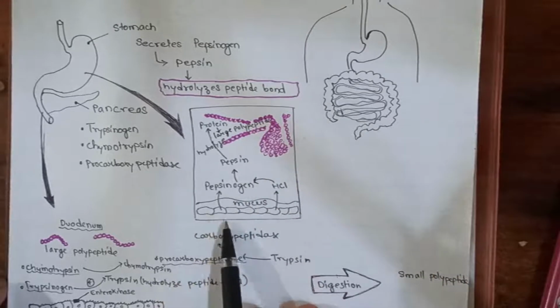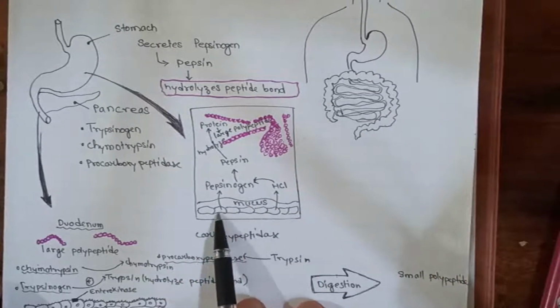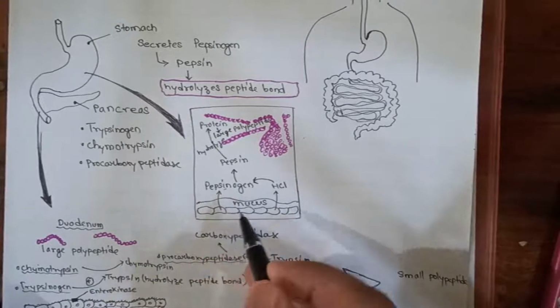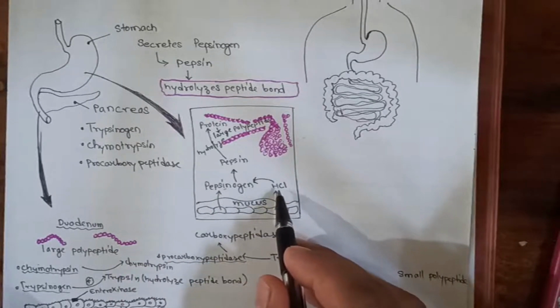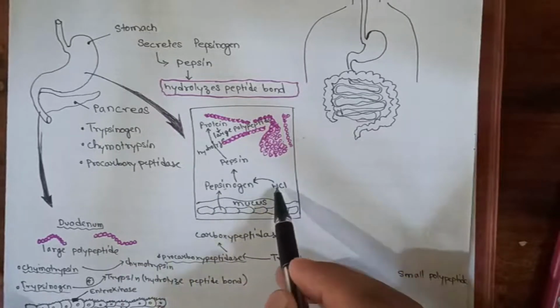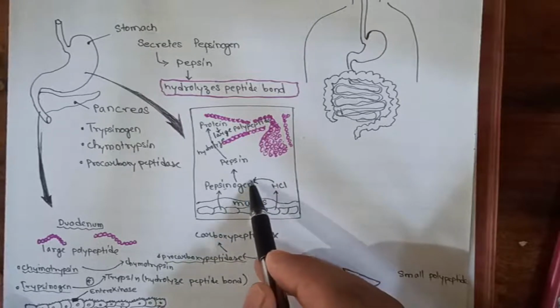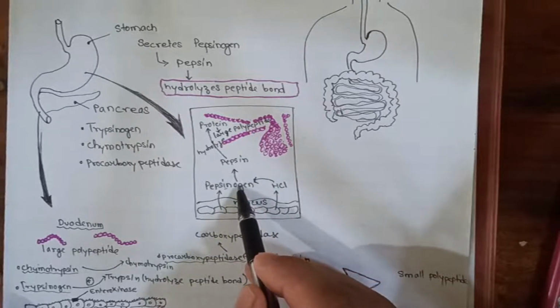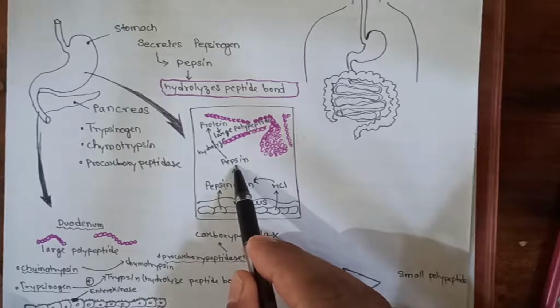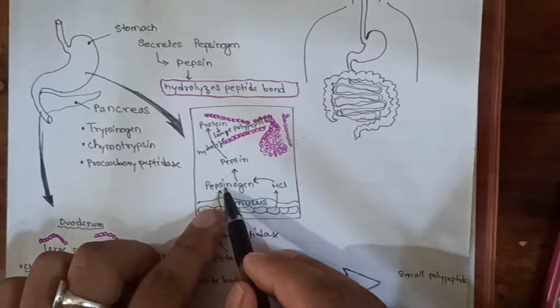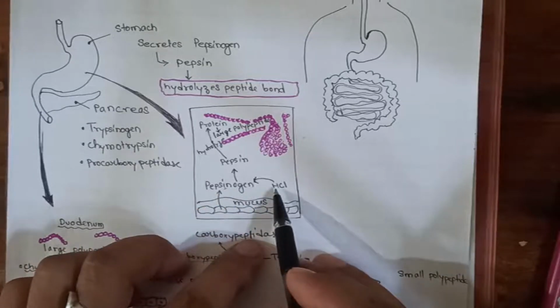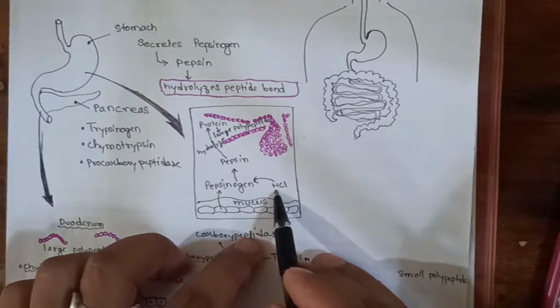The stomach cells will begin to secrete pepsinogen, and at the same time hydrochloric acid will also be produced. This hydrochloric acid assists pepsinogen in producing pepsin. All right, so the stomach cells will produce pepsinogen, and at the same time secrete hydrochloric acid.